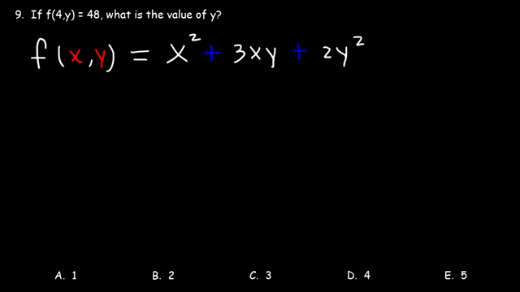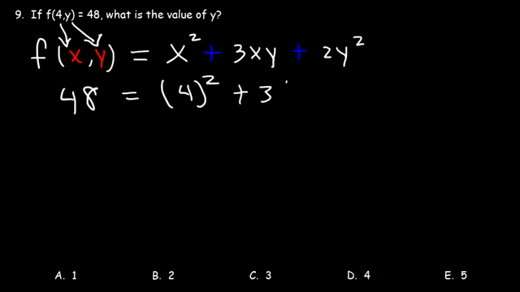Number 9. If f of 4 comma y is 48, what is the value of y? So we can replace this with 48 because the function is 48 and x is equal to 4. The first number corresponds to x, the second number corresponds to y.